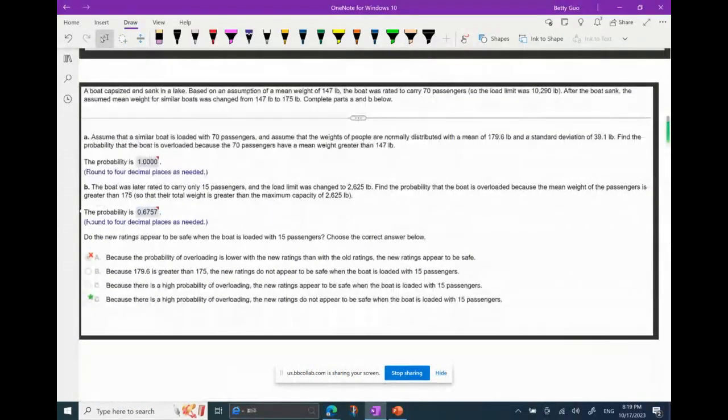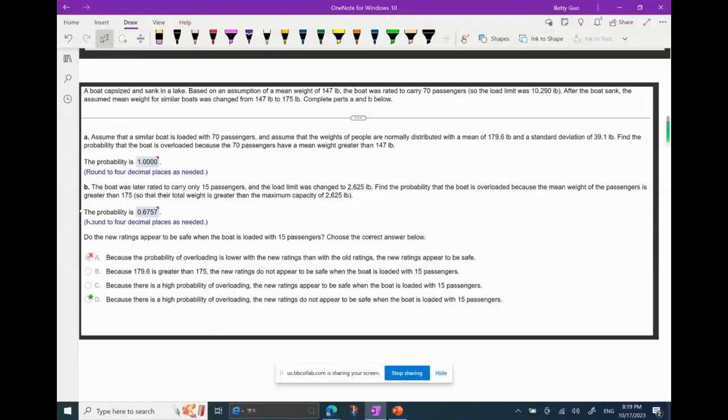a boat capsized and sunk in a lake based on an assumption of a mean weight of 147 pounds. The boat was rated to carry 70 passengers, so the load limit was 10,290 pounds.